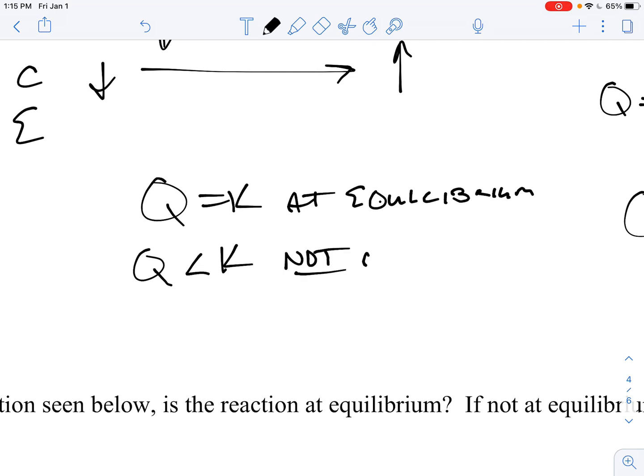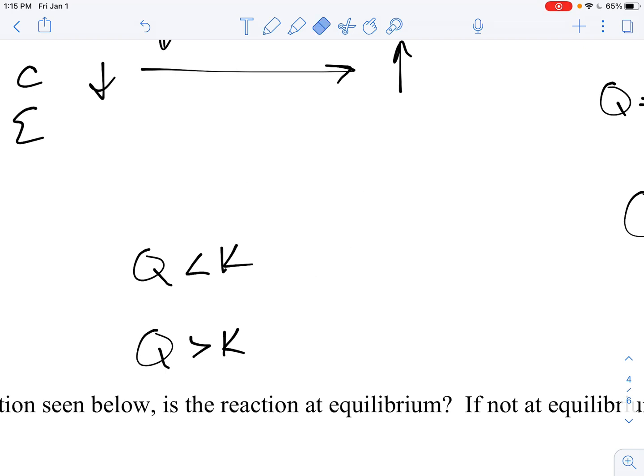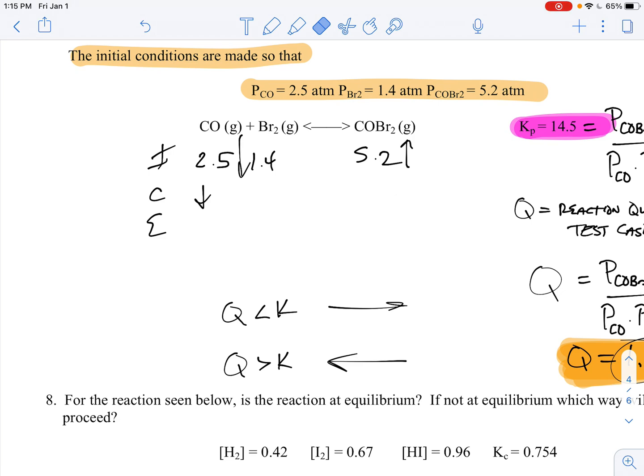But if Q is less than K, you are not at equilibrium, and the reaction will go to the right in order to make Q bigger until Q equals K. If Q is greater than K, you are again not at equilibrium, and the reaction will go back to the left because your Q value is too big. So the important bit to know is that if Q is less than K, it's going to go to the right, and if Q is greater than K, it's going to go to the left.